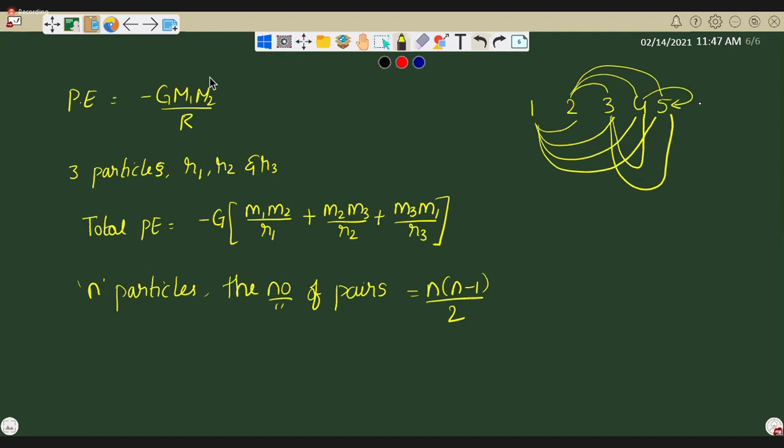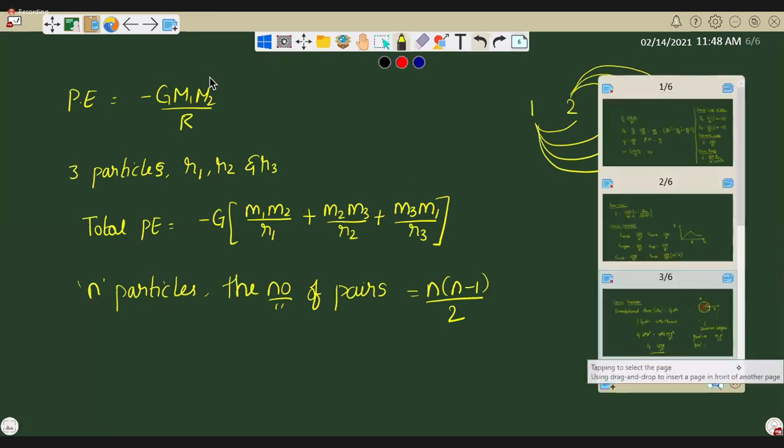You got 10. So this is how your gravitational potential energy for a system of particles will be. At most, they'll go for only 3 pairs, since this calculation itself will take time. Clear?